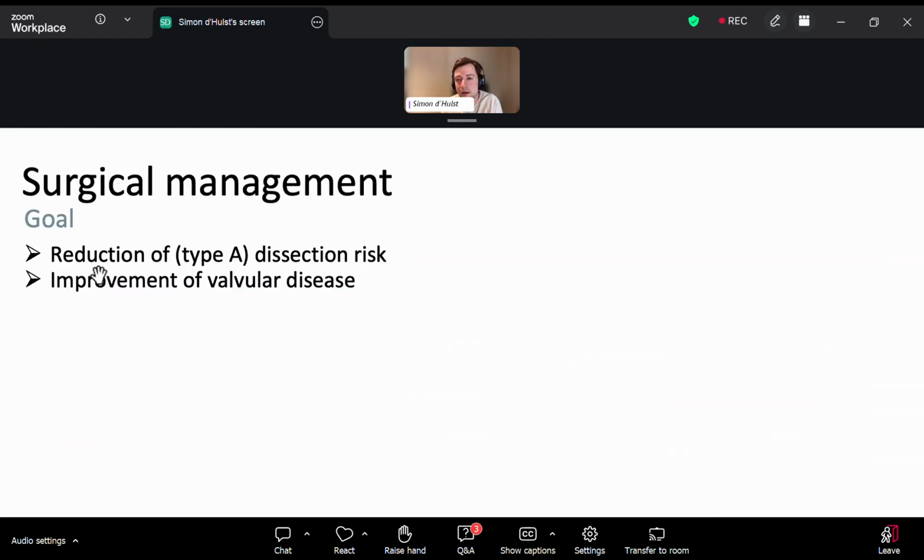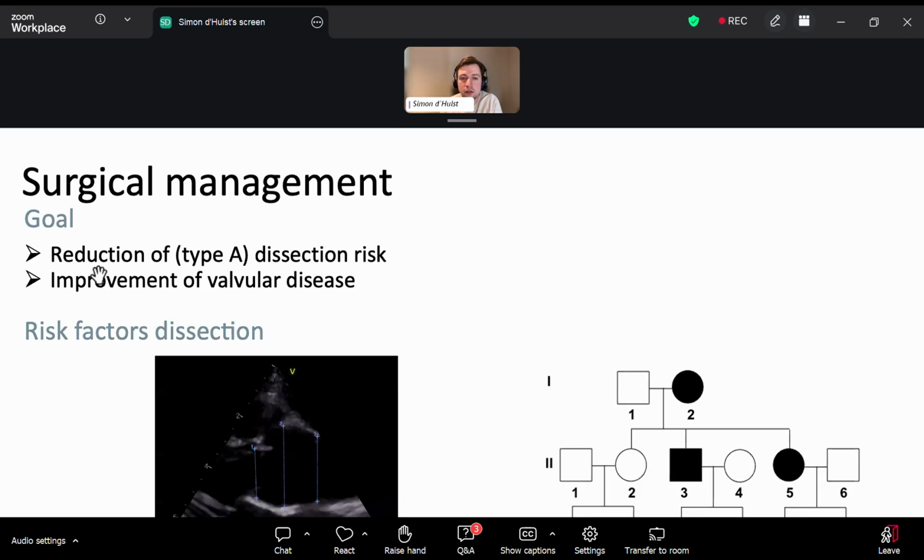This is, of course, with the aim of, on the one hand, reducing dissection risk, but also, for example, preserving valve function whenever possible. Many decisions are influenced by established risk factors for aortic dissections. These are, of course, the specific aortic dimensions, as well as rapid aortic growth or a family history of aortic dissection, usually at low diameters in that case.